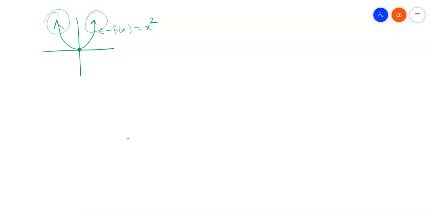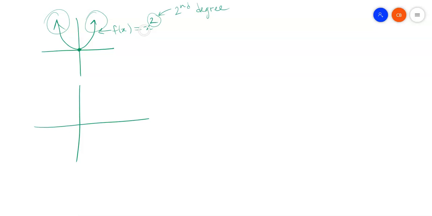In other words, are these arrows going up to the left, down to the left, up to the right or down to the right? There's actually a common theme between all of the polynomials that have an even degree. Remember, the degree is the highest power of x, and here this is a second degree polynomial. Anytime we have a polynomial with an even degree, the end behavior will look the same.